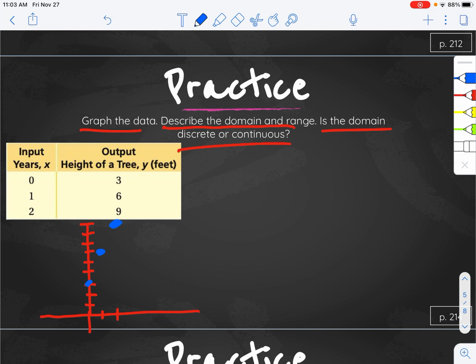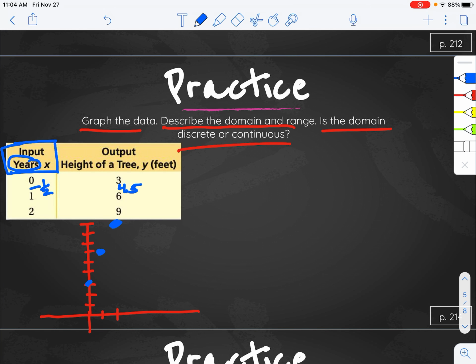So here's really the decision point. If we look at our table, what are we talking about? What does 0, 1, and 2 represent? Well, it says input years. So we're talking about years. Can we have half of a year, or a quarter of a year, or a third of a year, or break down a year at all? Well, yeah, we definitely can. If they wanted to have another data point in here, they could put 1/2, and who knows where this would be.